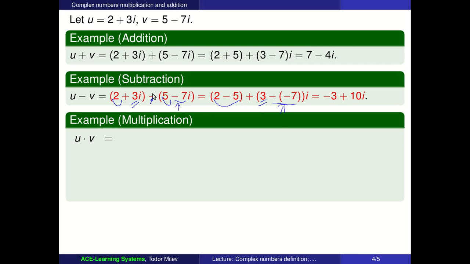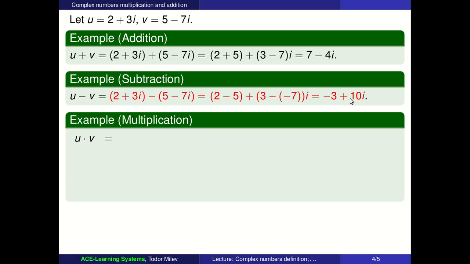So 2 plus 3i minus (5 minus 7i) is 2 minus 5 plus (3 minus negative 7) times i. So we get 2 minus 5 is negative 3, and 3 minus negative 7 is 10, times i. So negative 3 plus 10i. All right.